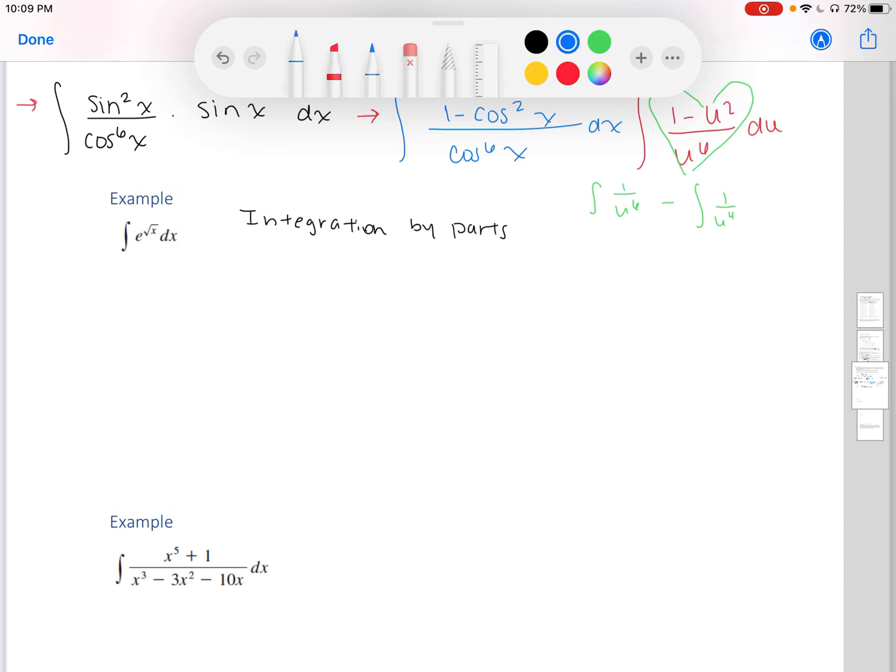All right, so here we can let our u be the square root of x, and the part that we're going to integrate is dv, which will be e to the u.